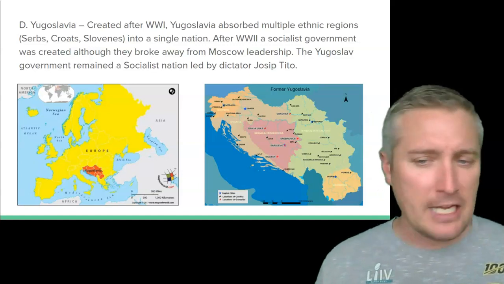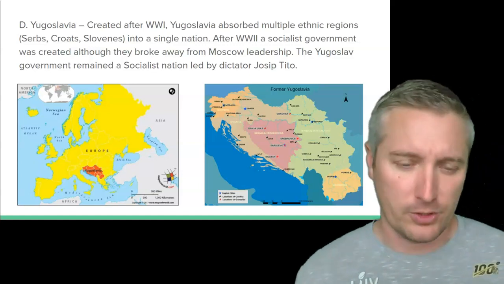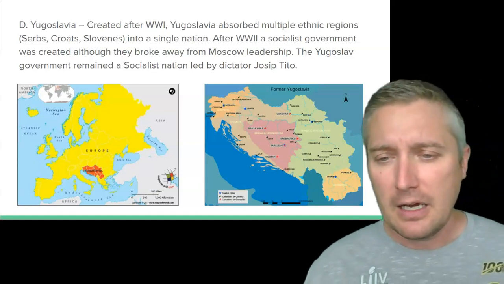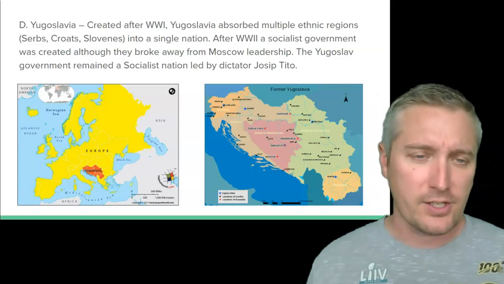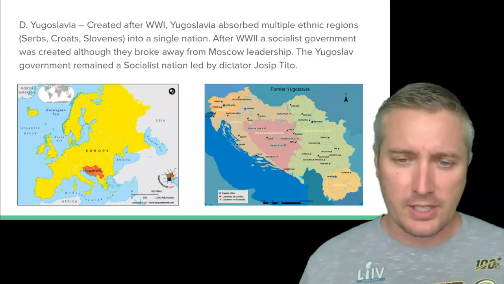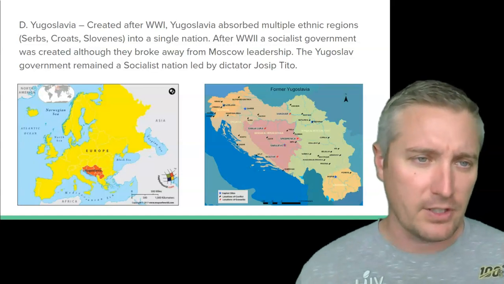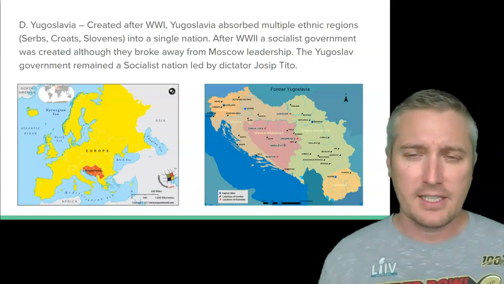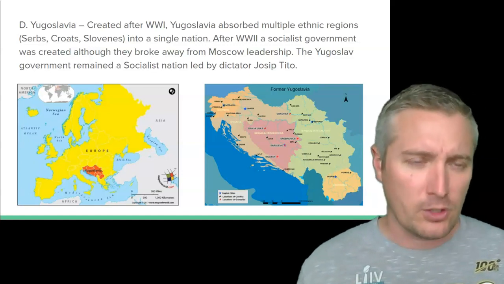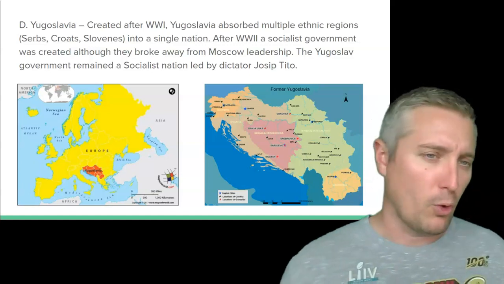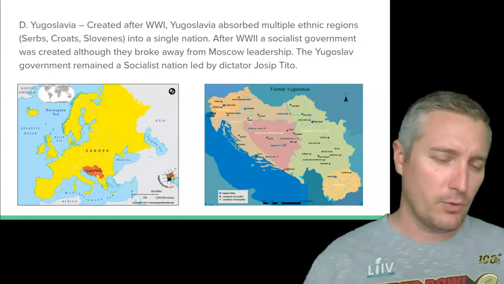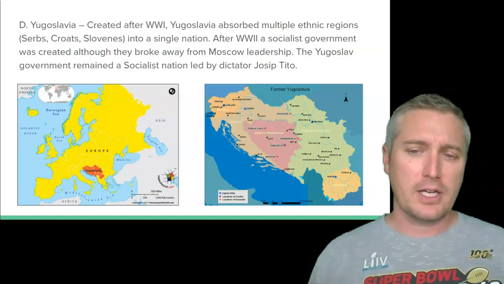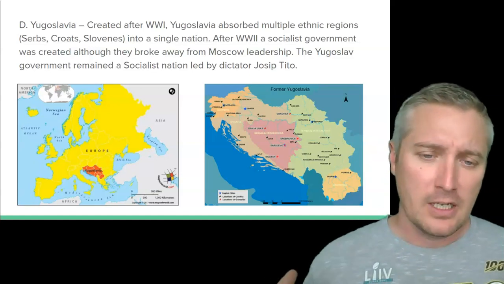This area from ancient times had been kind of a crossroads between Asia and Europe. And the citizens that lived in this area were descendants of people from all different ethnic groups. But by the time you get to the 1990s, you have Serbs, you have Croatians, you have people from Slovenia. So all of them are kind of crammed into a singular nation.